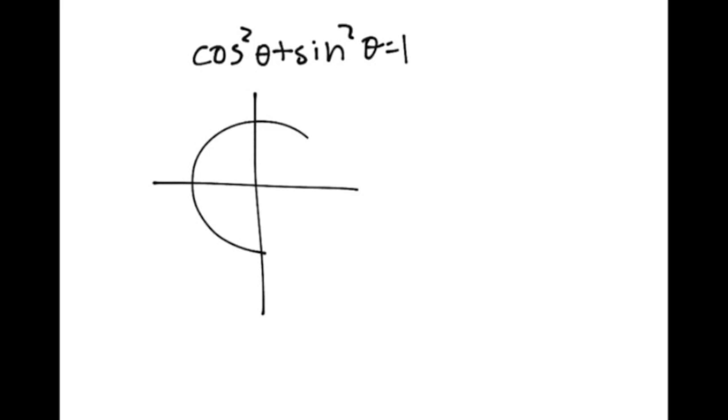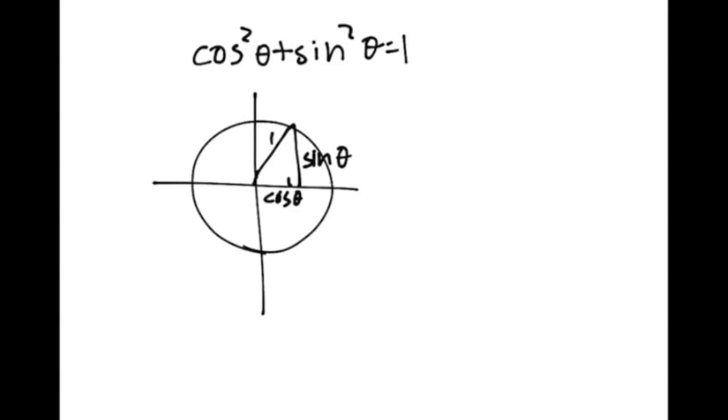Cosine squared theta plus sine squared theta equals 1. Okay, let's start by drawing the unit circle again. We know that this is cosine theta, this is sine theta, and this is 1.